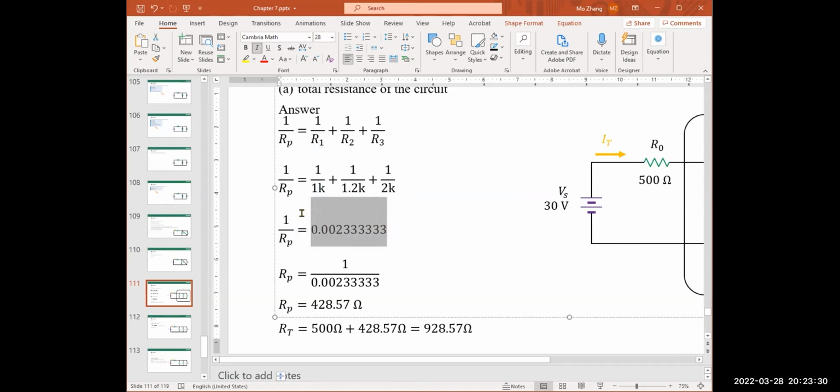But remember, this equals 1 over RP. So to get RP, we take the reciprocal of it. RP equals 1 divided by that, which equals 428.57 ohm.